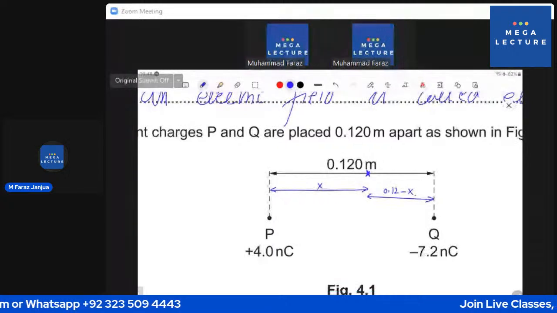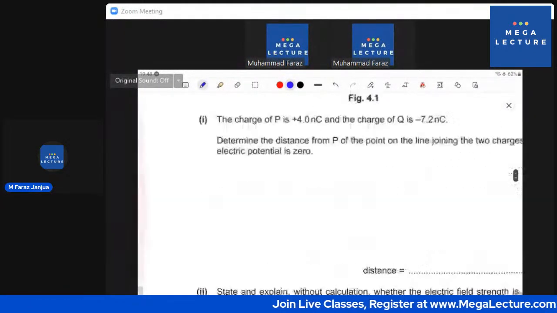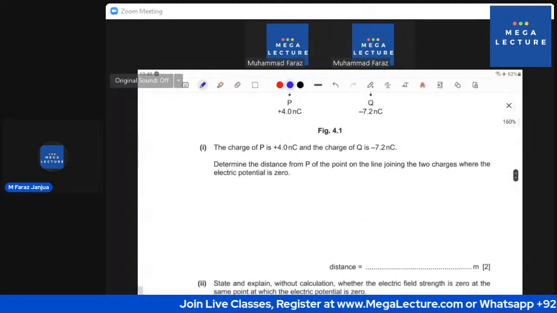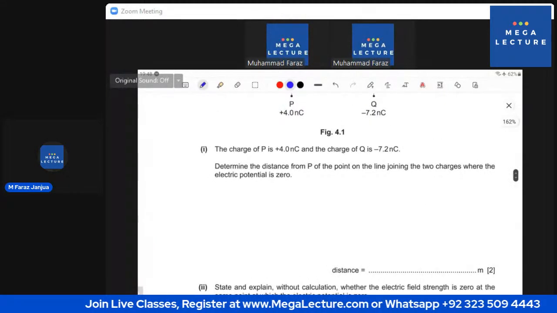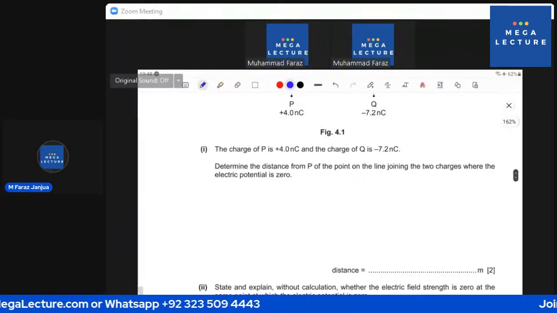Then we have to find x. So what is the formula for electric potential?